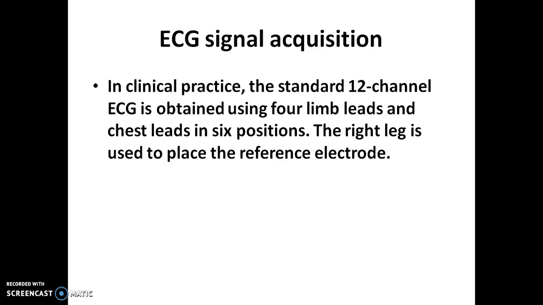Now, how is the ECG signal actually acquired? Clinically speaking, the ECG signal is acquired using 12 channel ECG surface electrodes, with 4 limb leads and 6 chest leads placed. The right leg is used to place the reference electrode.